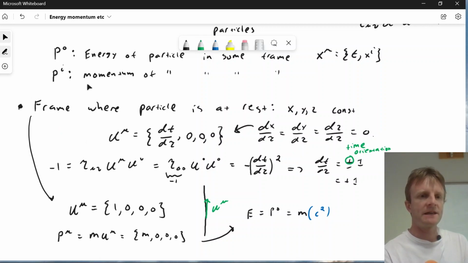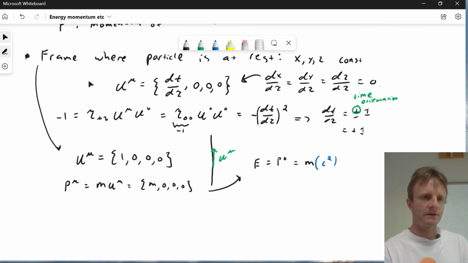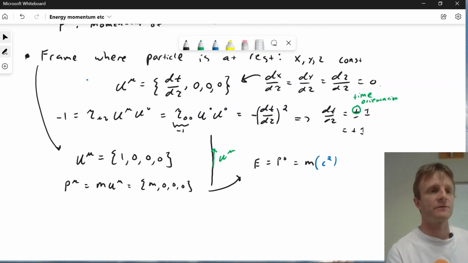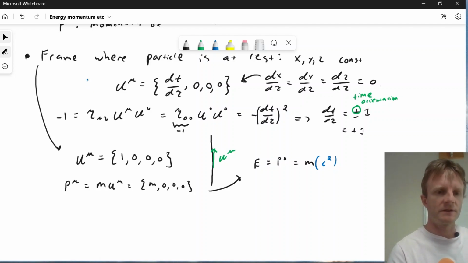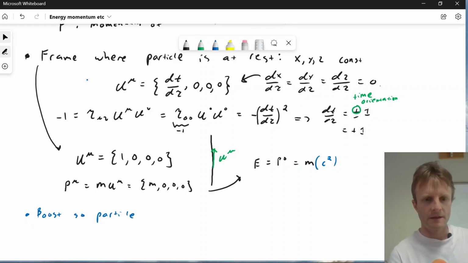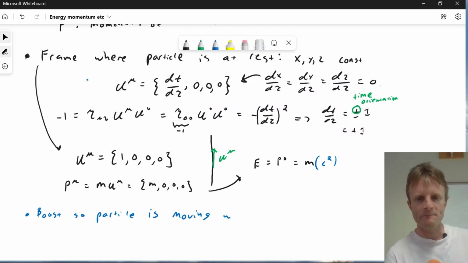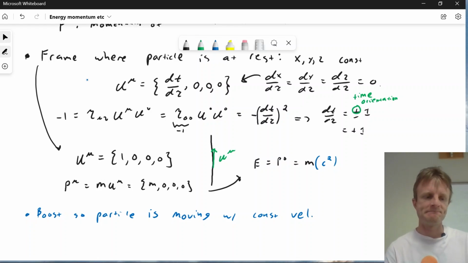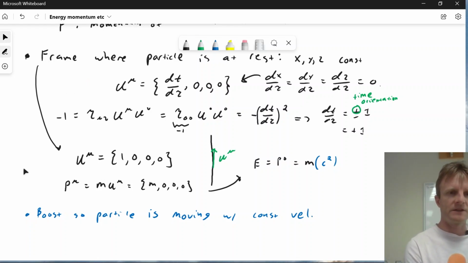But now we can get a nice equation for the same particle in some other frame where it's now moving with constant velocity. So let's boost. So the particle is moving with constant velocity. And here the notation is very nice.